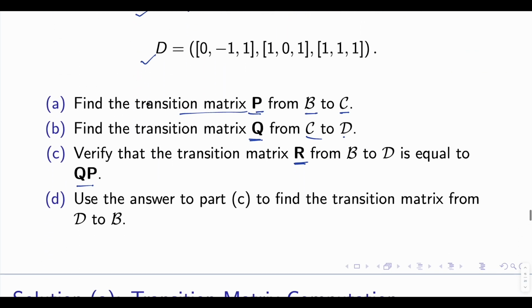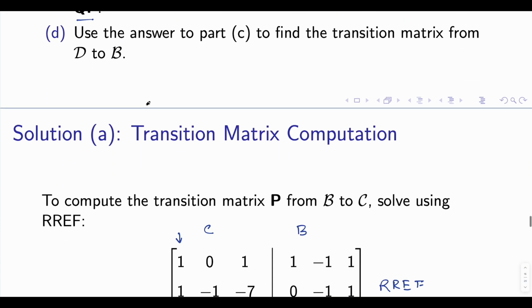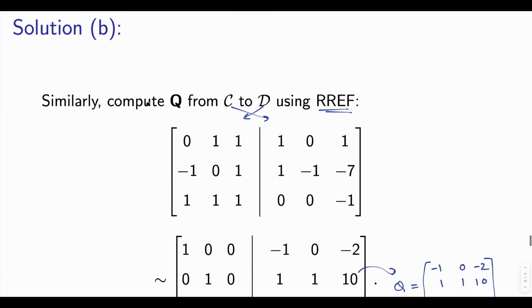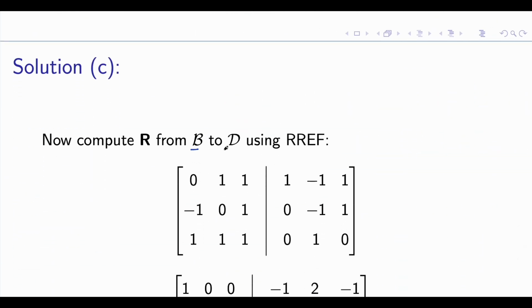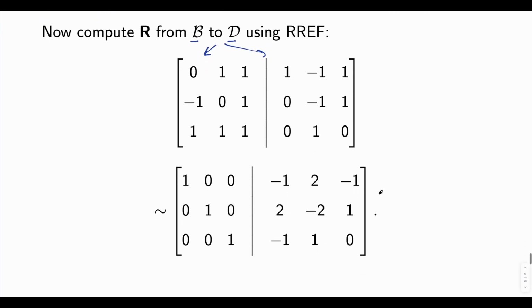Okay. So now what we have to do, first we have to write the transition matrix. So D to B, so we will allocate D column vectors and B here, and then apply RREF, which is similar to this matrix, right? So this is your R matrix basically first. R matrix is going to be -1, 2, -1, 2, -2, 1, and -1, 1, 0.